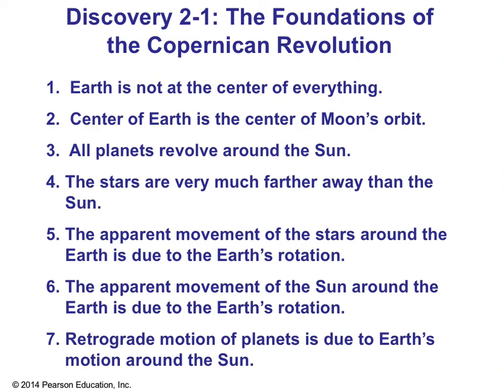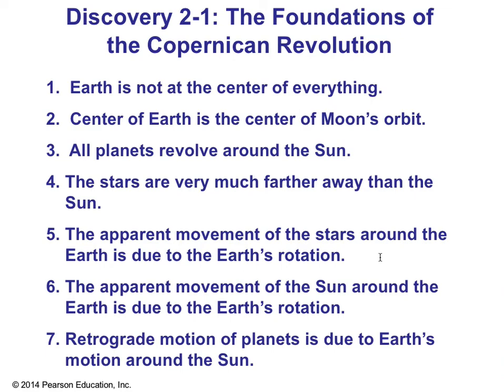He decided to be open about the fact that the stars are very, very far away from the Earth, much farther than the sun is. The apparent movement of the stars, what you would see on your star chart, is due to the fact that the Earth is traveling in its orbit around the sun throughout the 12 months of the year.